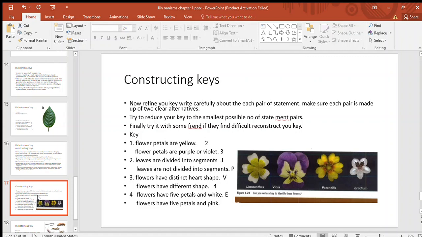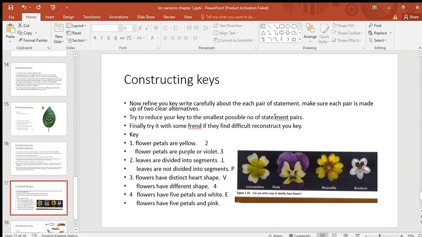Now refine your key, write carefully about each pair of statements. Make sure each pair is made up of two clear alternatives. Try to reduce your key to the smallest possible number of statement pairs.